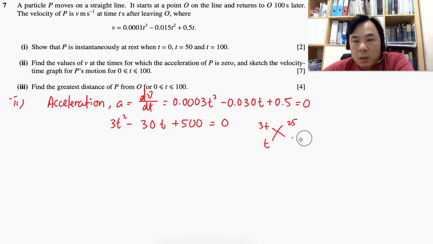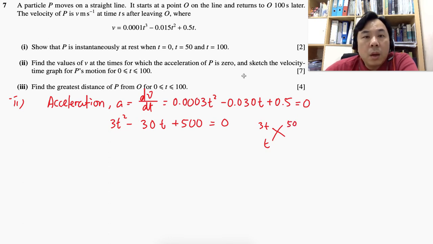The other one is 10, 5, 55. Hold on, 50, 10 does not work because this is 30 here. Let me try if I have any other, 100 and 105. Does it work? 105.